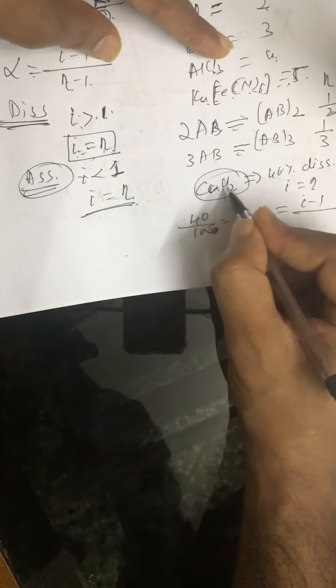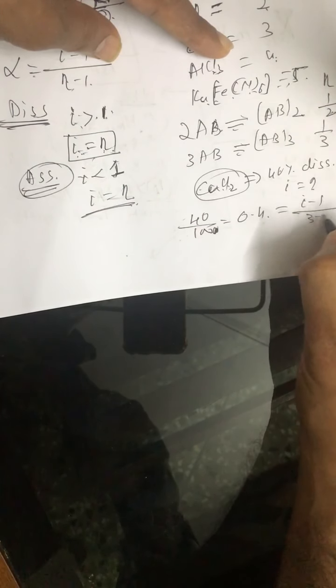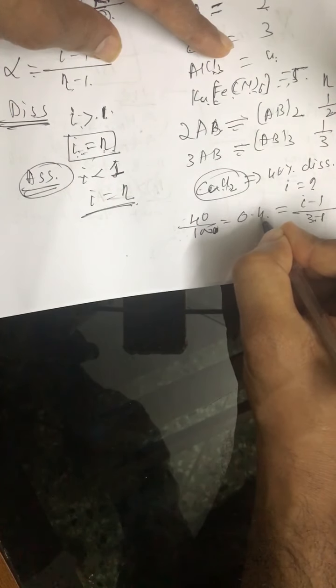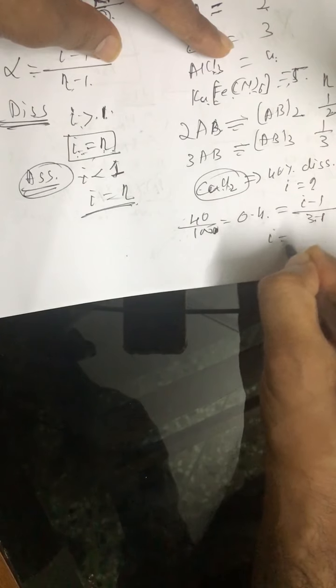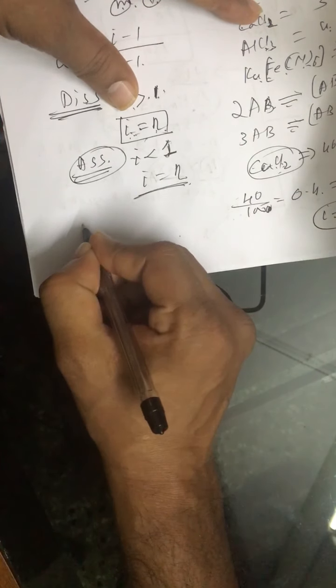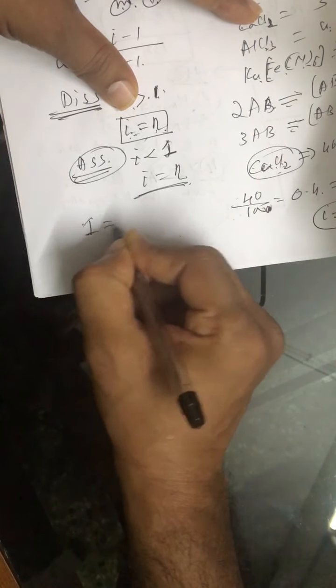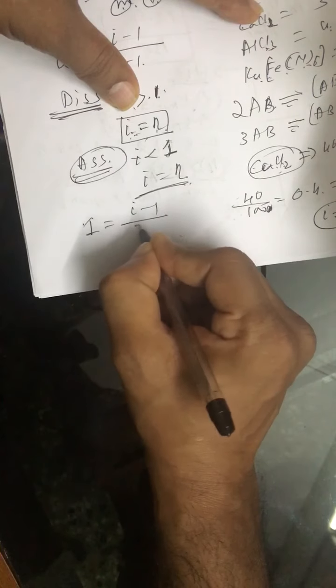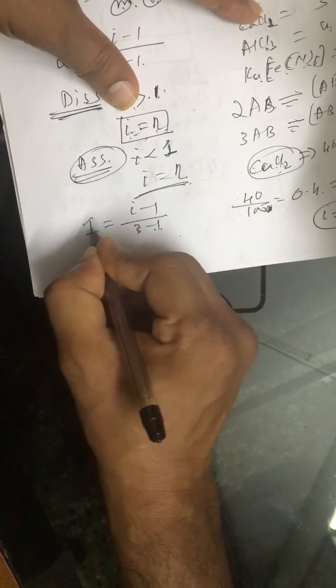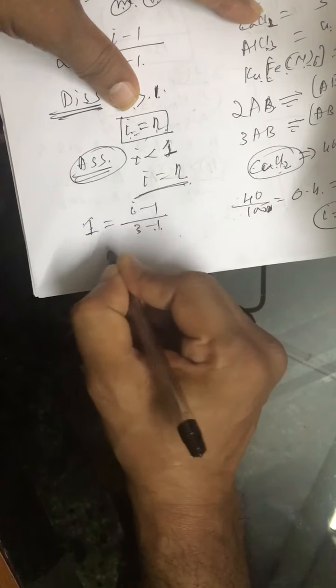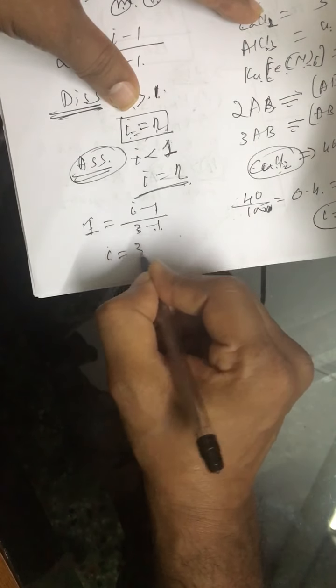And what is the value of eta? 2 plus 1, 3. 3 minus 1, 2. 2 into 0.4 is 0.8, and i becomes 1.8. Suppose CaCl2 is 100% dissociated, then alpha becomes 1. So 1 equals (i minus 1) upon (3 minus 1), so 2 into 1 is 2, and then i equals 2 plus 1, 3. See, i becomes equal to eta.